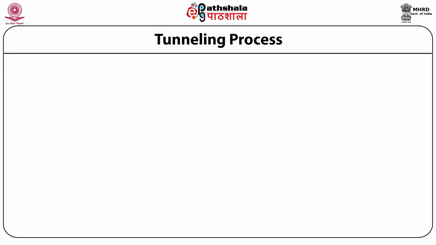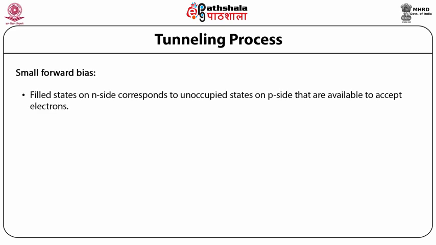Now students, let us consider the case when a small forward bias is applied. That is, we are leaving from the zero of the positive axis of the IV characteristics. Filled states on the N side correspond to unoccupied states on the P side that are available to accept the electrons.